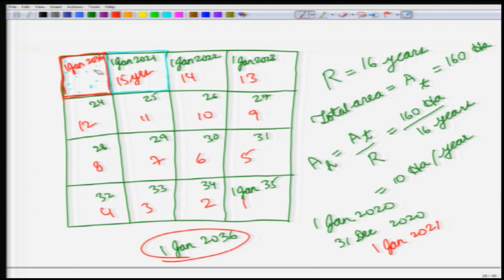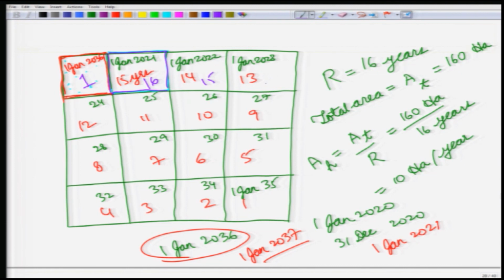Now, let us look at the situation on 1st of Jan 2037. This section that we had felled on 1st of Jan 2036 is 1 year of age. This section that we had felled on 1st of January 2021 is now 16 years of age.